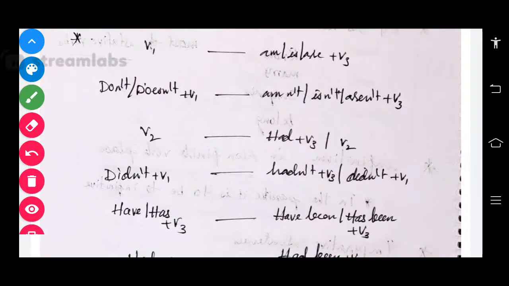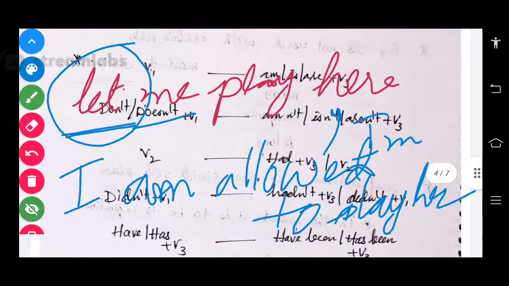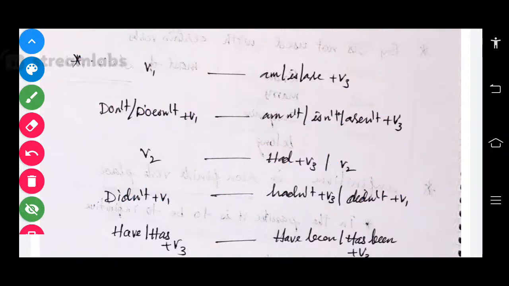Look at the screen. In the passive sentence, in what way do we have to make the verb into a passive verb? In the active sentence, if there is the first form of the verb, in the passive sentence it is to be changed like am, is, are plus V3.